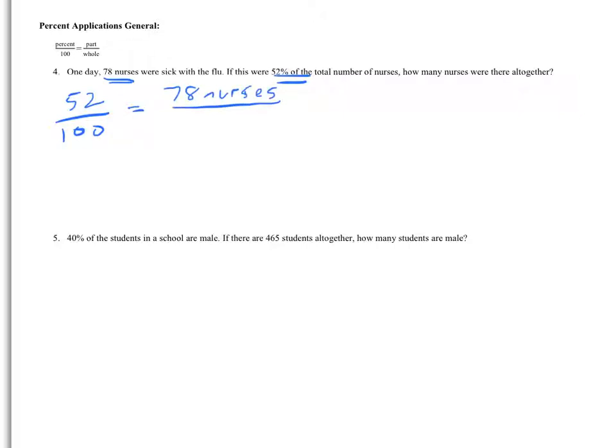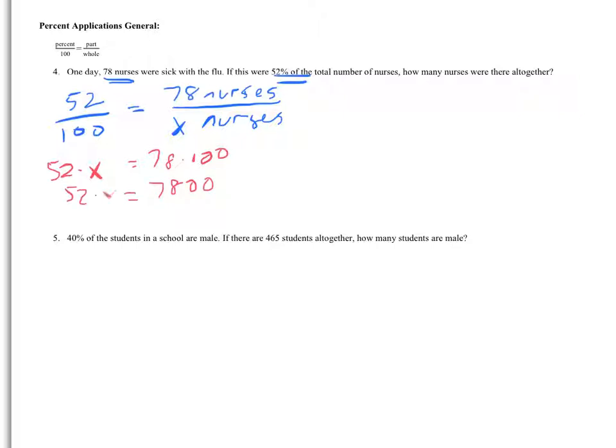And we are looking for how many nurses were there altogether. So the total number of nurses. 78 nurses over X nurses. We can use our cross products to solve this equation. 52 times X equals 78 times 100. 78 times 100 is 7,800.